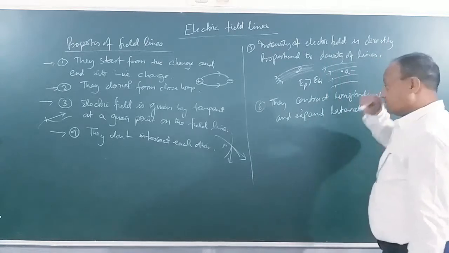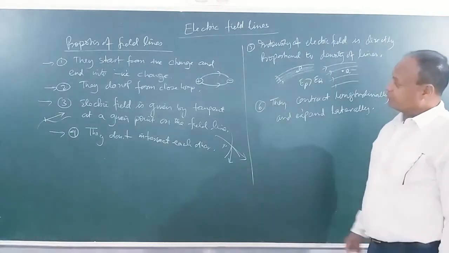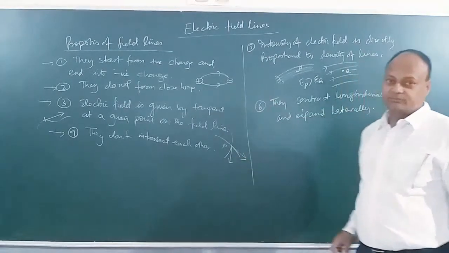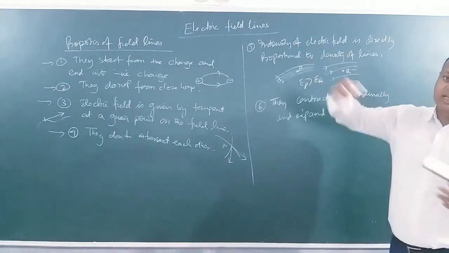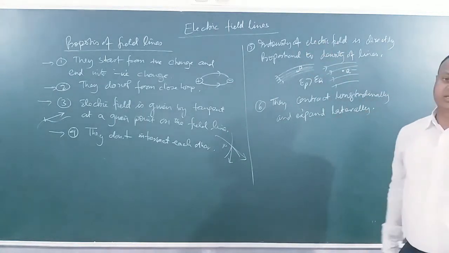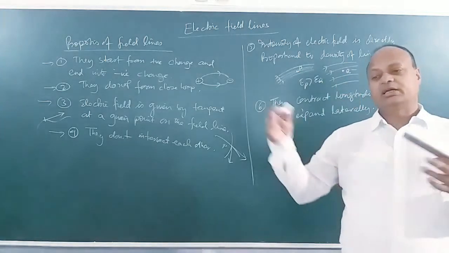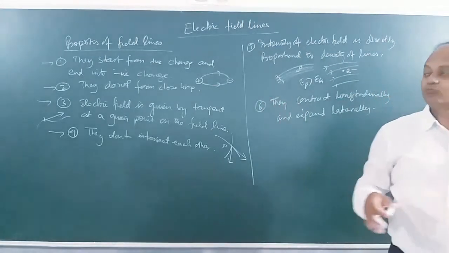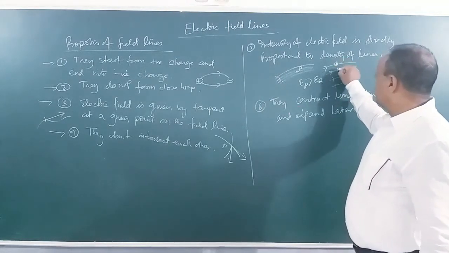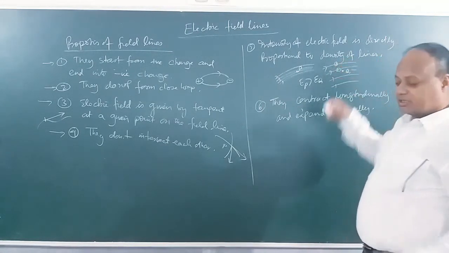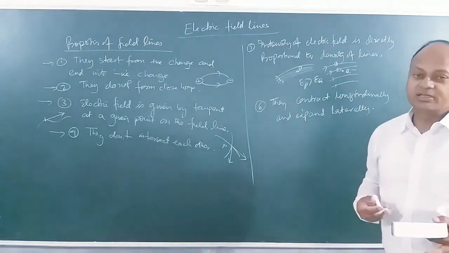What does it mean? Whenever we draw electric lines of force, like in this case, you can see them contracting lengthwise and expanding sideways. This is what the property says. Expanding sideways shows that they are repelling each other, meaning if I put a point charge here and another point charge, they will be repelling each other, so there will be lateral expansion of the electric field lines.